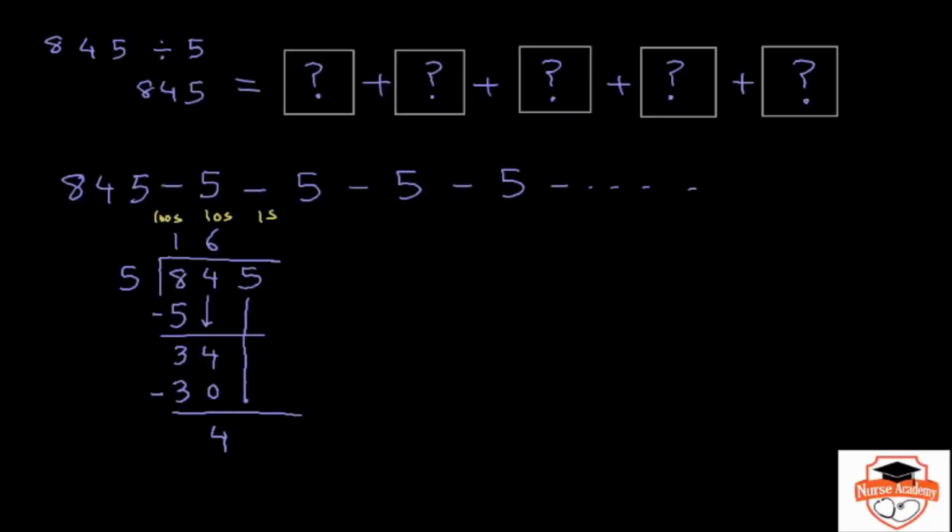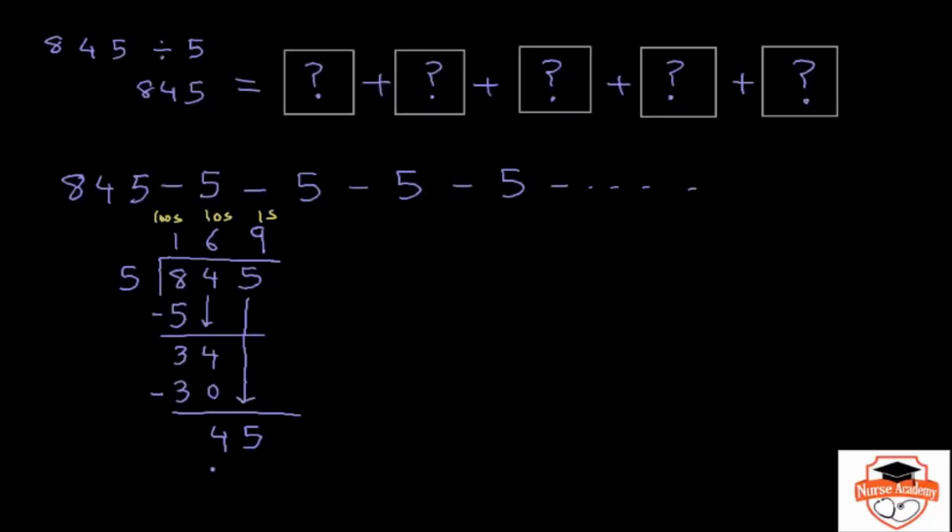And then it's time for us to bring this 5 down from the ones place. So we are left with 45. And now the question is, how many 5 ones, or how many 5s? 5 times 1 is 5. How many 5s will fit into 45? Or 5 times what is 45? The answer is 5 times 9 is 45. Therefore, we could fit 9 5 ones into 45.